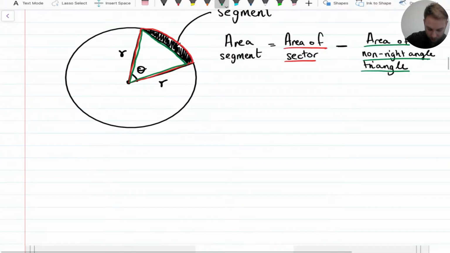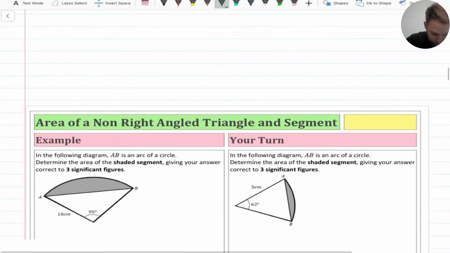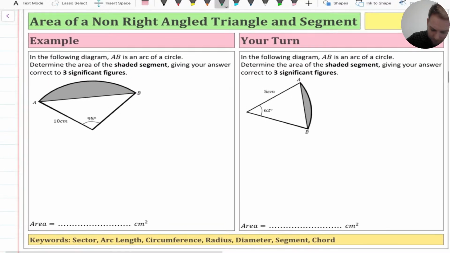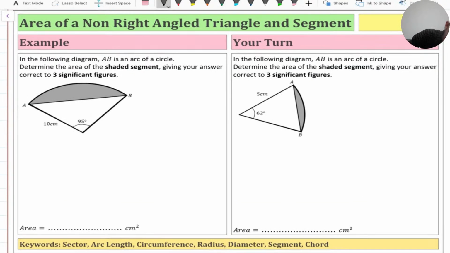So let's have a go at one of these questions then. Here it is. So this one here would be example 2 on our book. It's example 1 for segments, but seeing as though we wrote the title as triangles and segments, we'll do example 2. To get this one down, they're asking us now to 3 significant figures. Make sure we've got that.